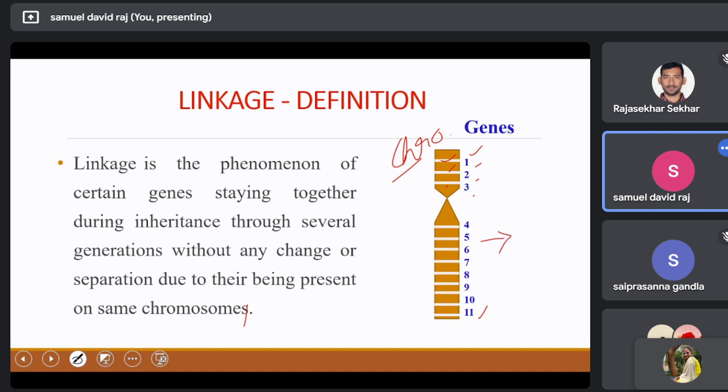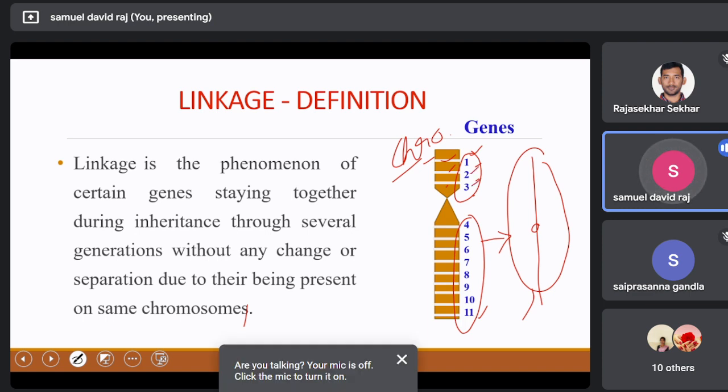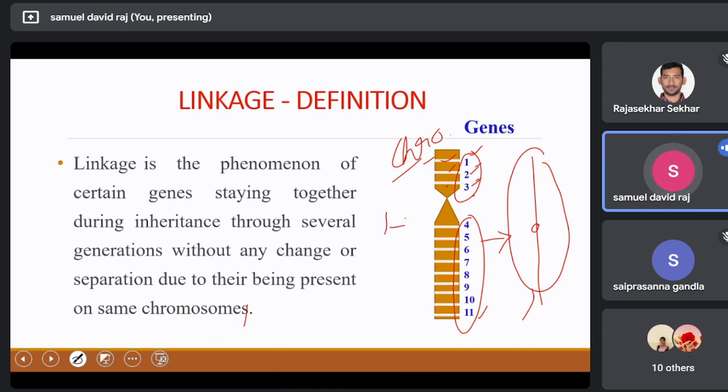If the same chromosome is transmitted to the gamete, from there into the zygote, and then into the organism, all the genes present on the same chromosome are transmitted in the same combination. That means the first locus has gene 1, the second locus has gene 2, the third locus has gene 3. So they are transmitted from one generation to another in the same combination.